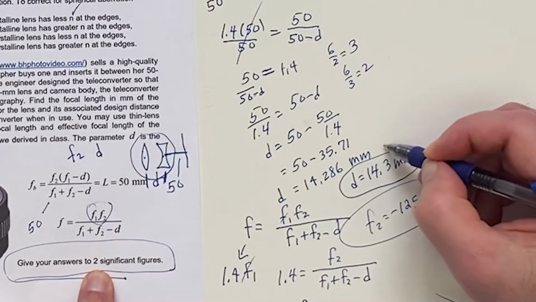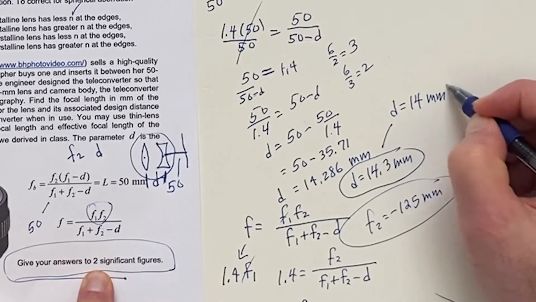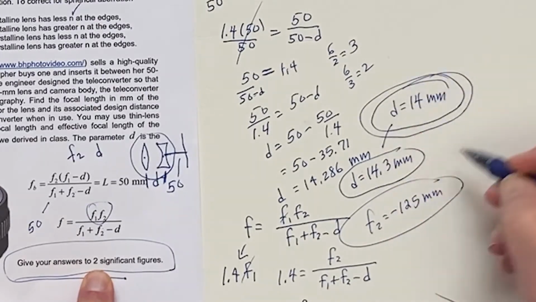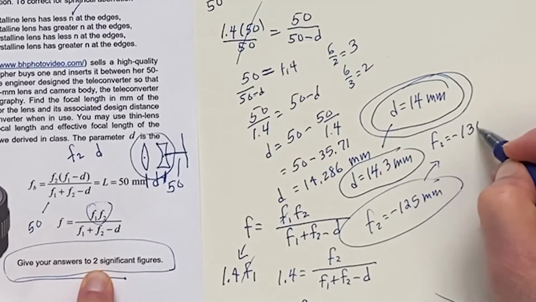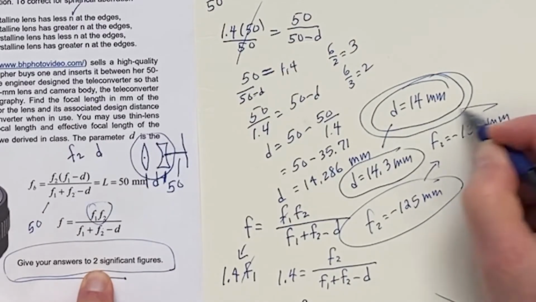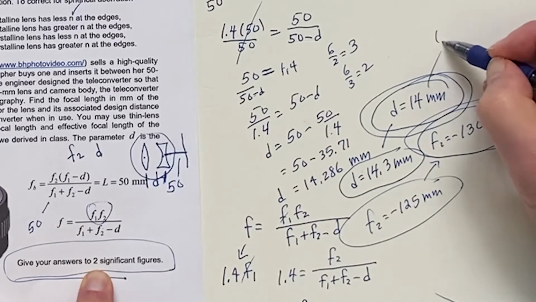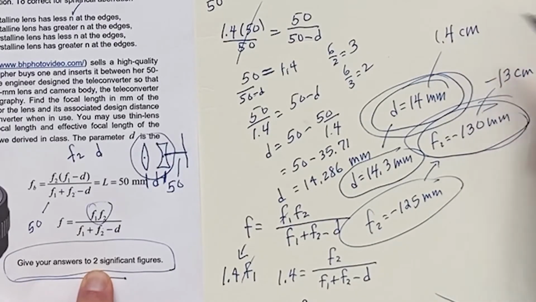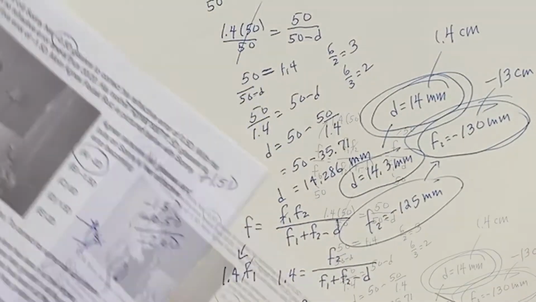So that means I need to do 14 millimeters. And then I need to do here -130 millimeters. Or you can go centimeters if you want. Then this would be -13 centimeters. And this would be 1.4 centimeters. All right, that's important. That's what the client wants. That's what the client gets.